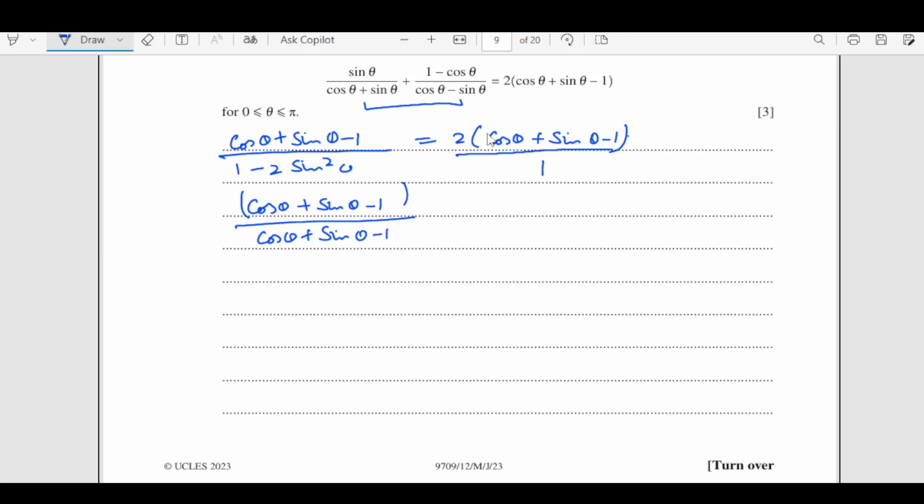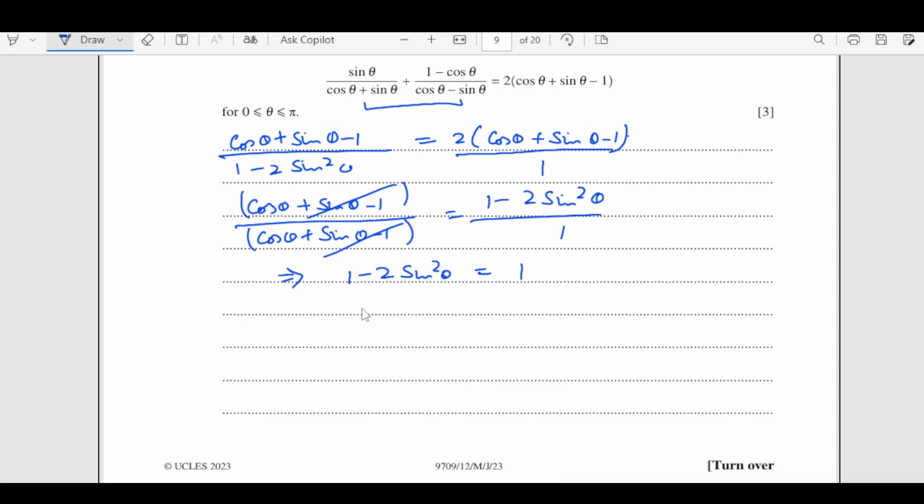So this is the whole thing, and equals to, I'm shifting this to the other side, 1 minus 2 sin squared theta over 1. Now this whole thing gets cancelled with this, which gives us 1 minus 2 sin squared theta is equal to 1, right.